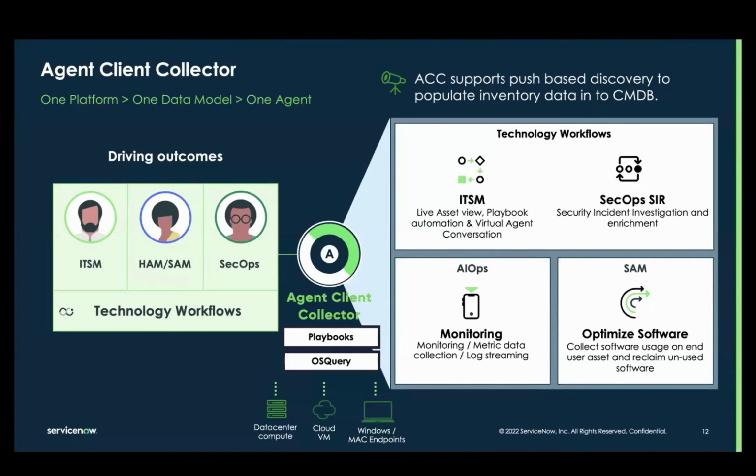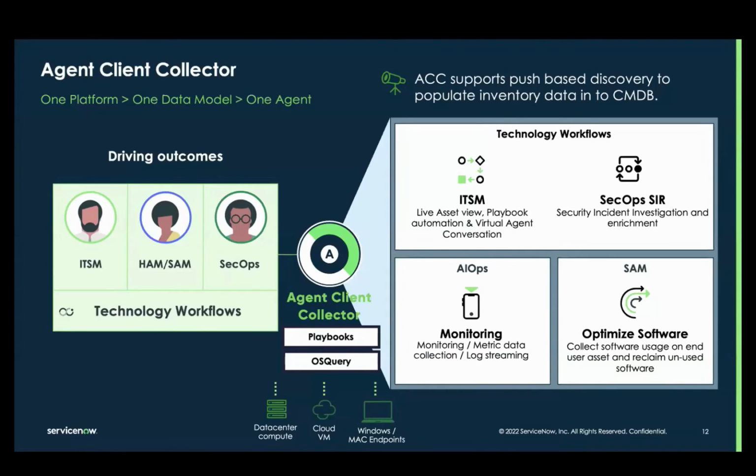Now, the ACC is useful in many different use cases and helps different teams to achieve value faster. Specifically, it helps IT teams for live asset view use cases, or even playbook automation and virtual agent conversation use cases. AIOps, we have ACC that can be deployed for monitoring, to collect metric data, or even log streaming. And then for software asset management use cases, it's possible to deploy the agent to collect software usage and end user asset data and really reclaim unused software, as an example.